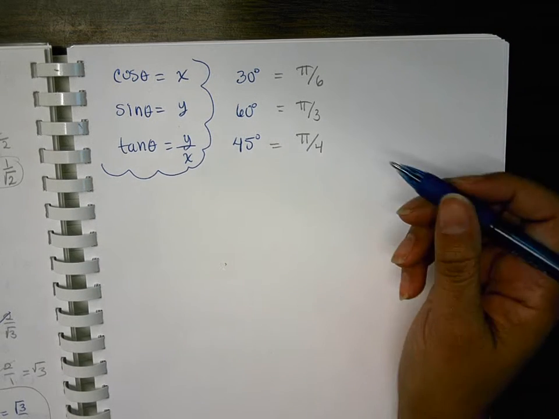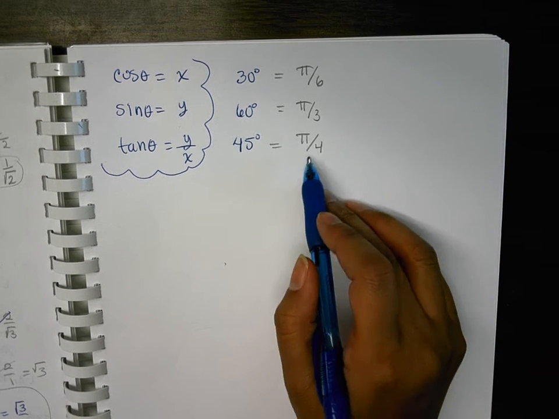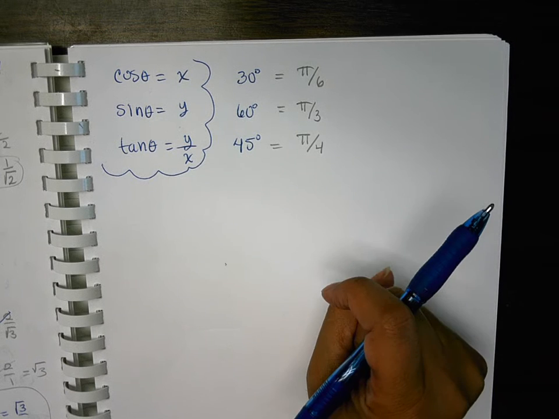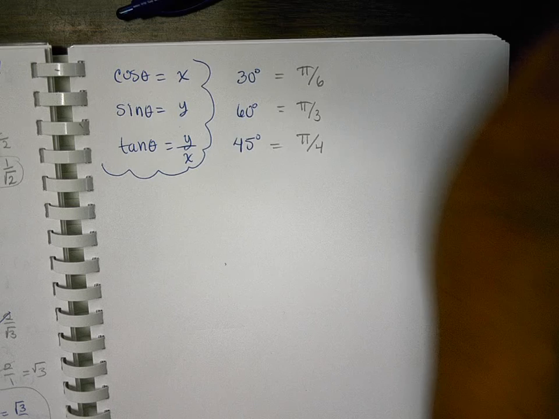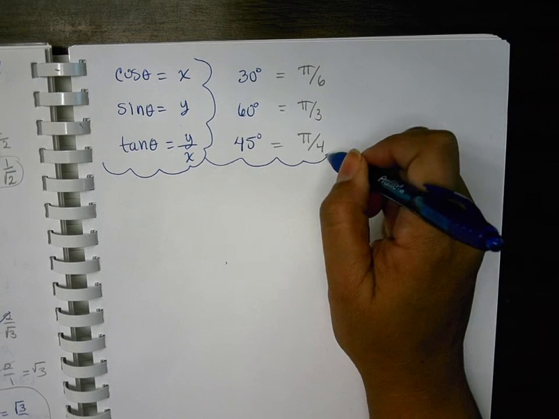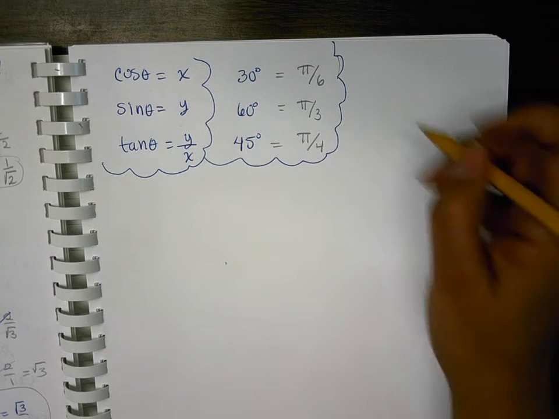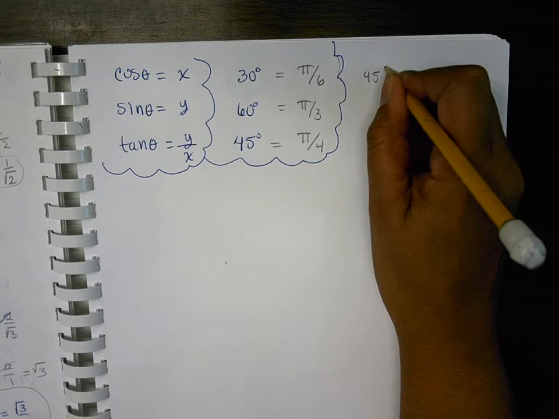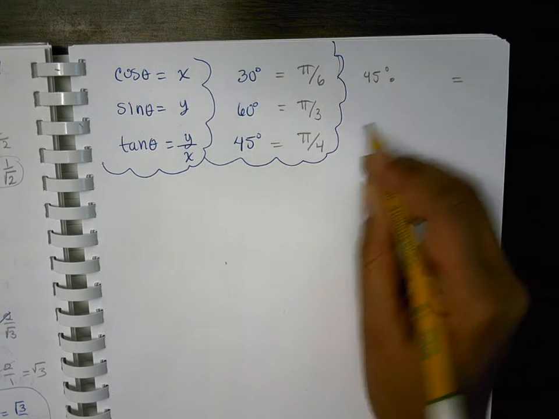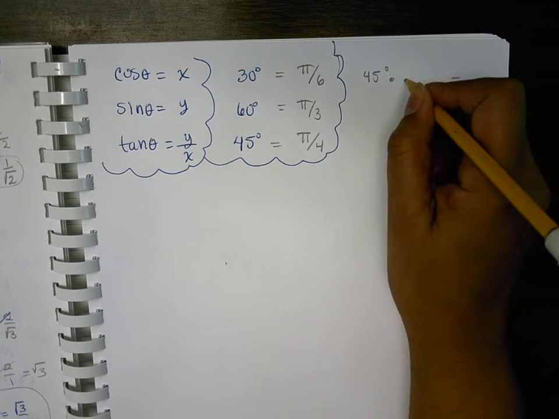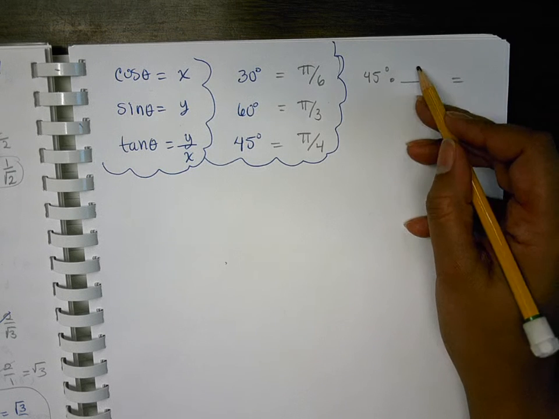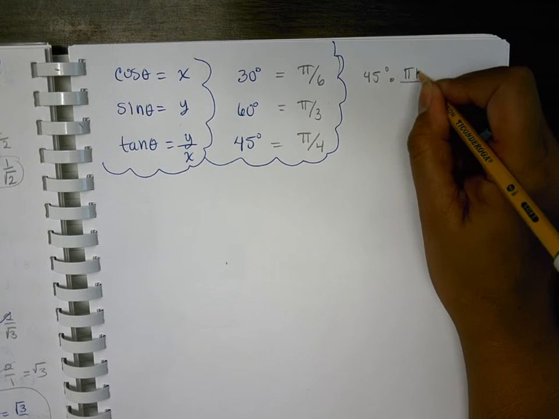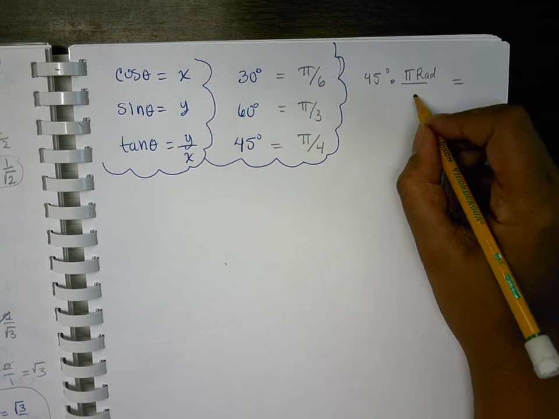Okay, would you guys like me to show you that using the conversion factor that we did the other day? Here, I'll show you at least one of them. Let's pick the 45. If I'm trying to change 45 degrees to radians, will I have radians in the numerator or radians in the denominator? So it'll be pi radians over what? 180.